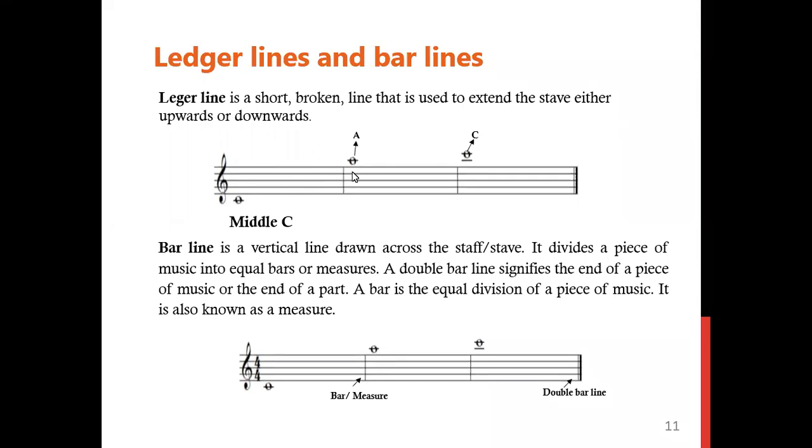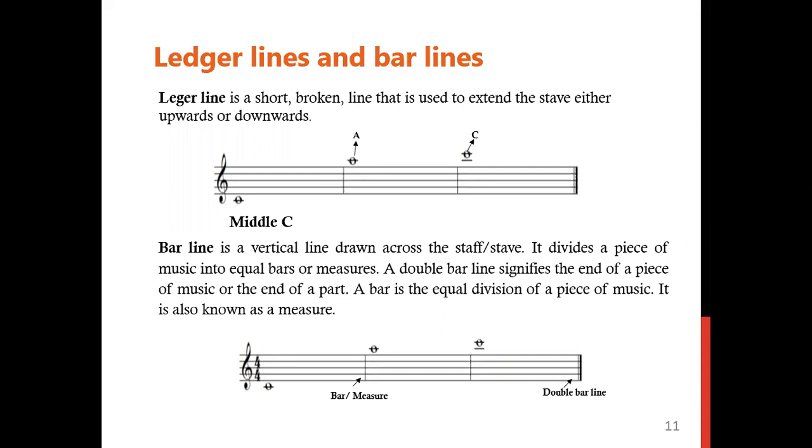Okay, where I'm going is this, as regards ledger lines. If this last line is F, now we have drawn another line above it. The space between this last line and the short line we have drawn will be called what?